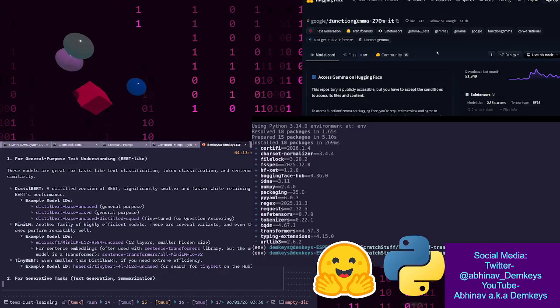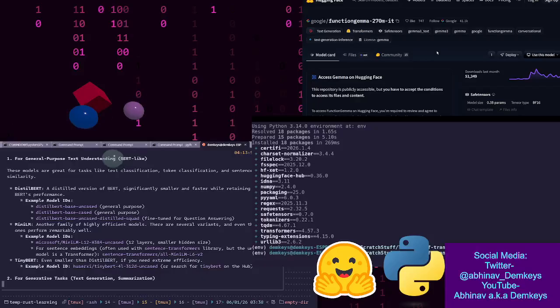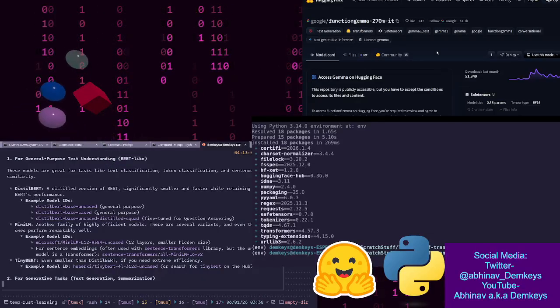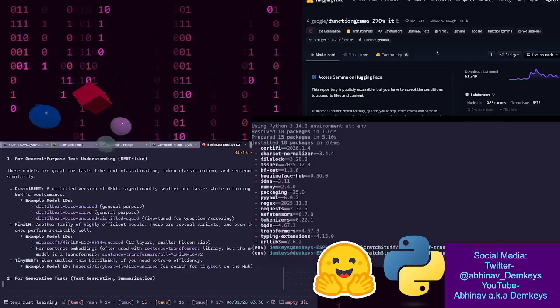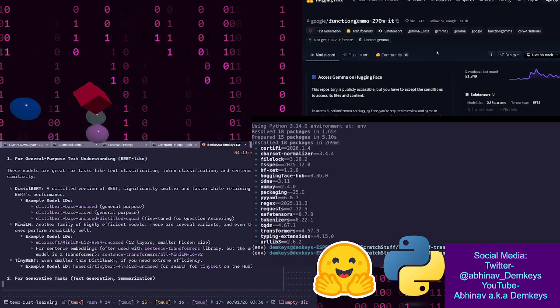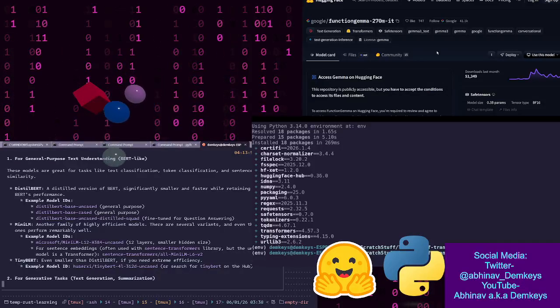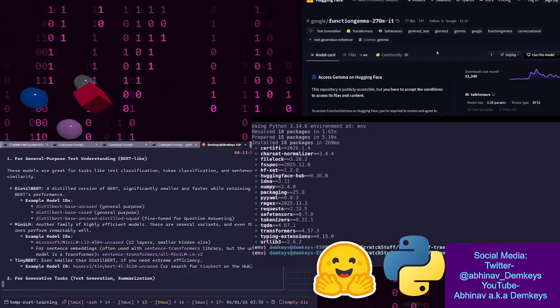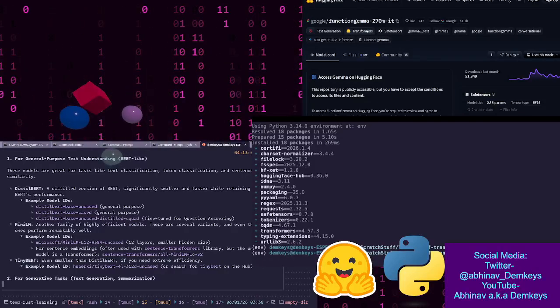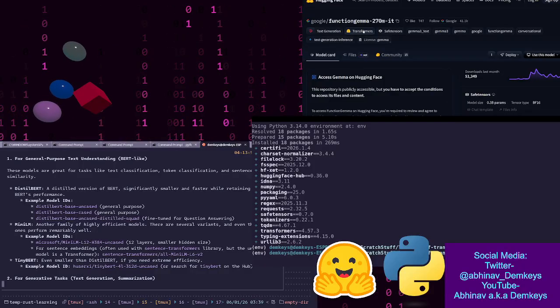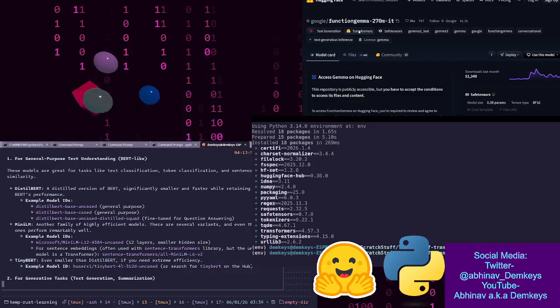If it says text classification, someone has already fine-tuned it, given it a specific job, like detecting spam or sentiment. Okay, that's what fill mask means. That's interesting.